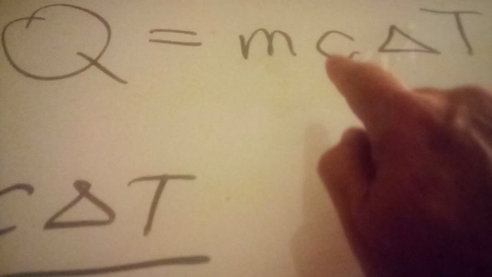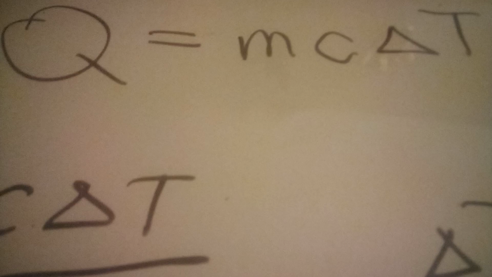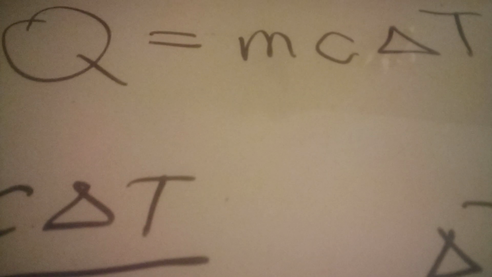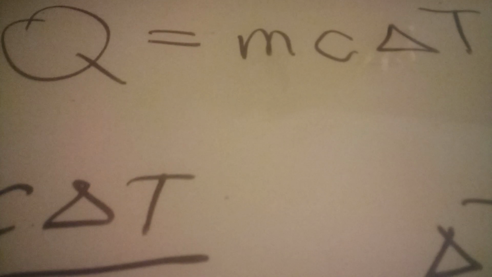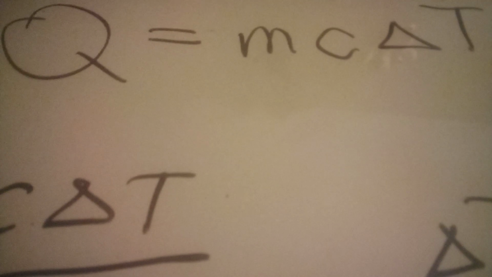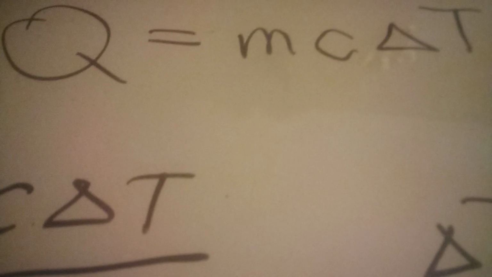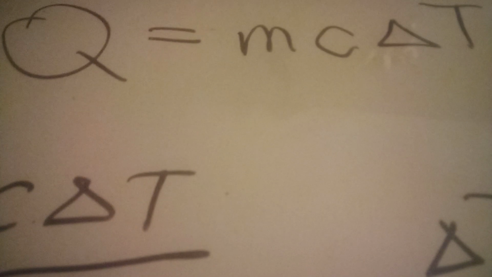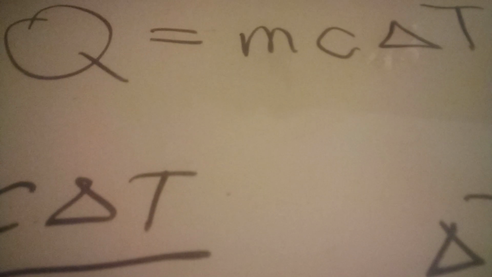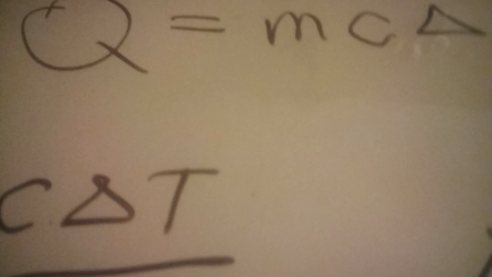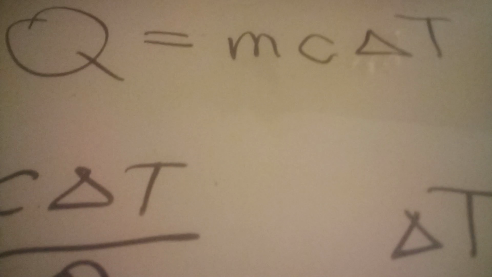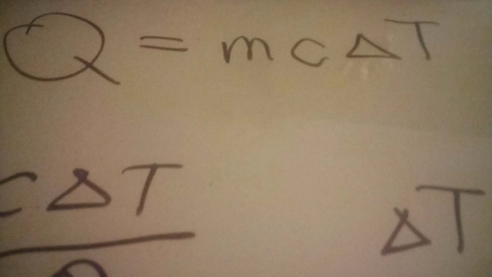And the C, well, that's something that measures how hard or how easy it is to knock those molecules around in the substance. It's kind of like, if you have big guys, they're harder to knock around. They would take more effort than some little guys. So the larger molecules require more heat to get them riled up than the smaller molecules.